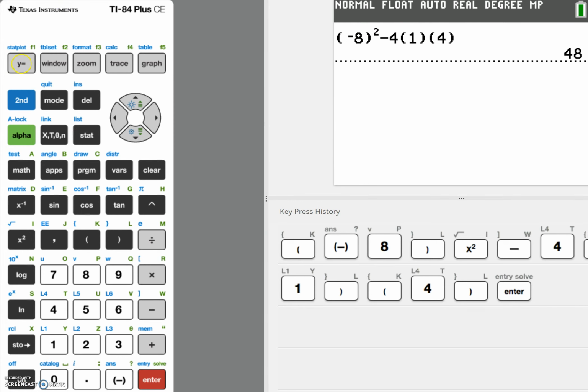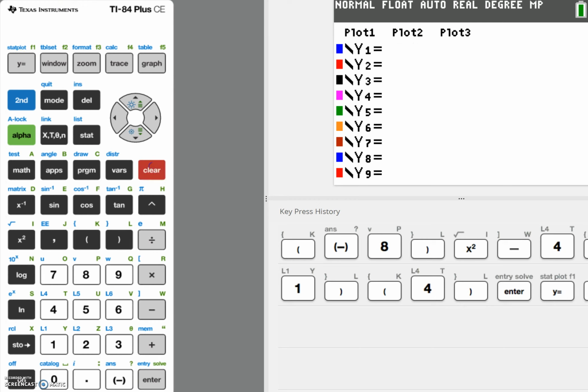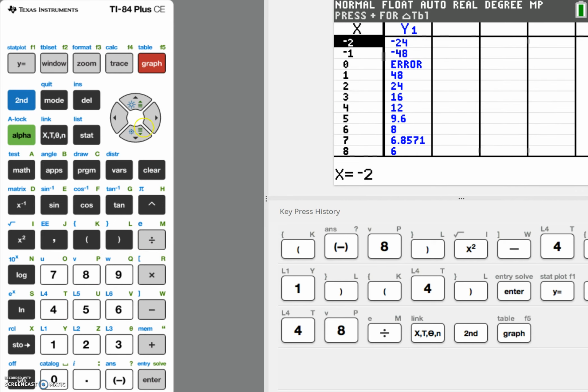We're going to hit our y equals button and type in 48 divided by x, and then use our table. Remember, we want to start when x is equal to 1. And once we have x is equal to 1, we're going to use the right-hand side, which is our y1 column, to start from the top to the bottom. And once we find our perfect square from top to bottom, that's going to be our largest.